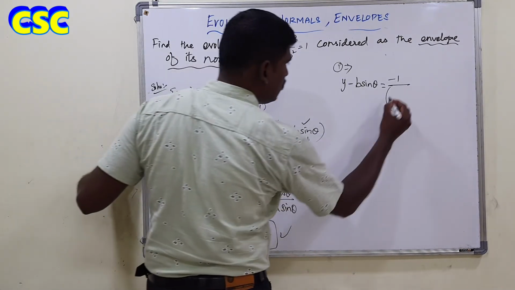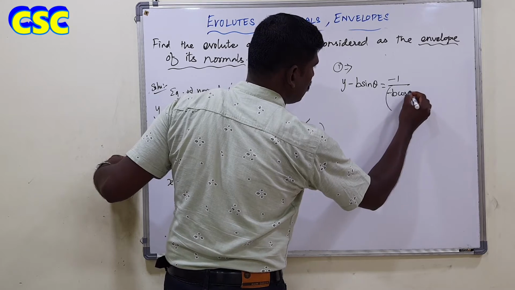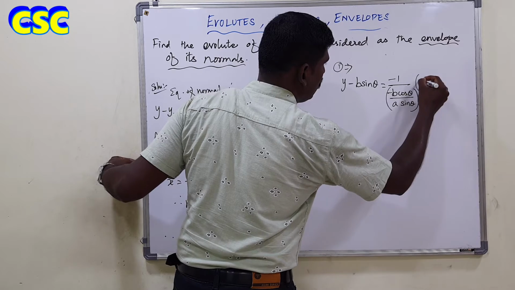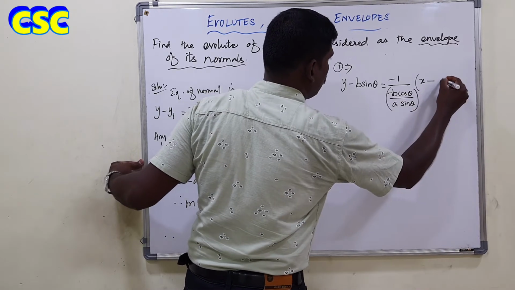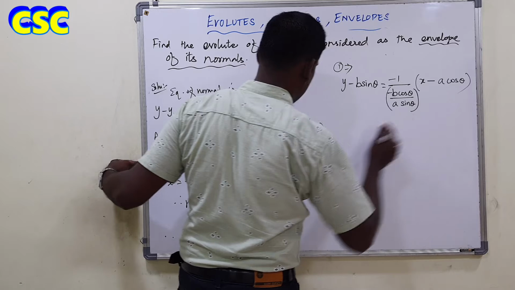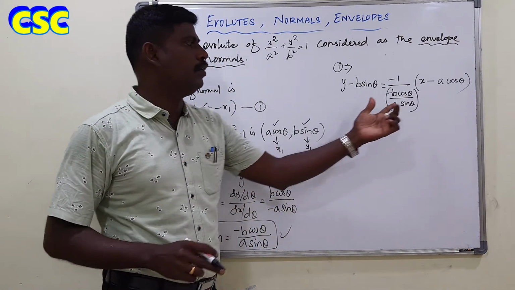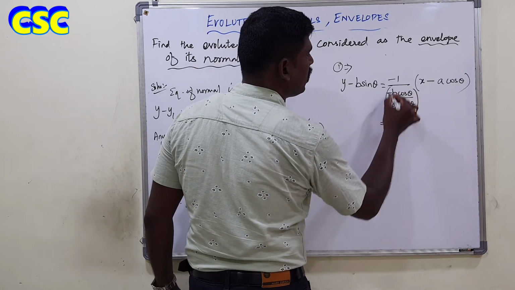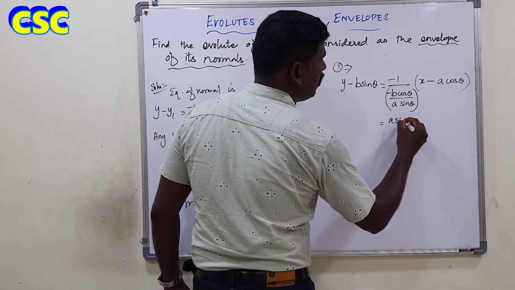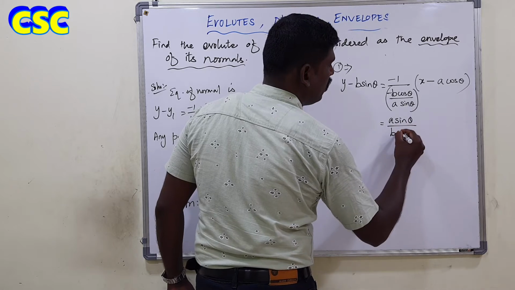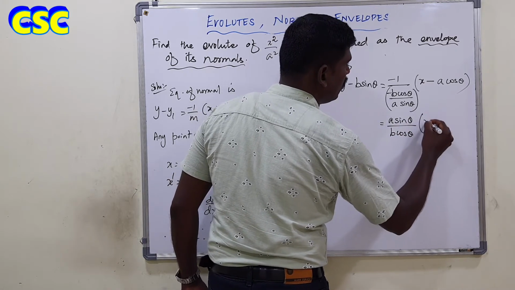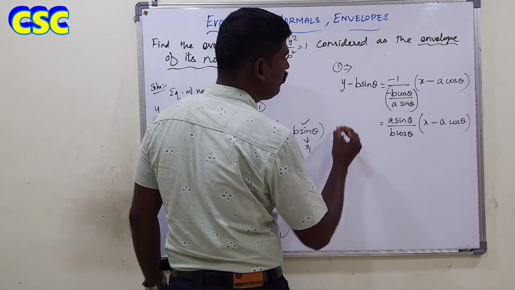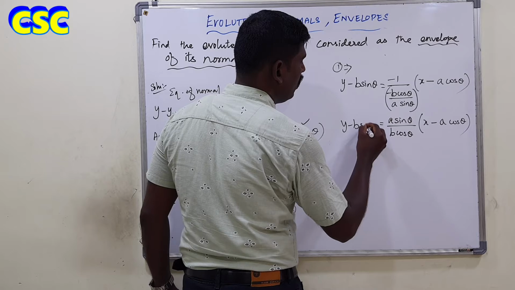Minus b cos theta by a sin theta, into x minus x1. What is x1? A cos theta. Now I am going to simplify it. Okay. So taking this a sin theta into the numerator, this minus minus becomes plus a sin theta by b cos theta into x minus a cos theta. Okay, that is the value of y minus b sin theta.